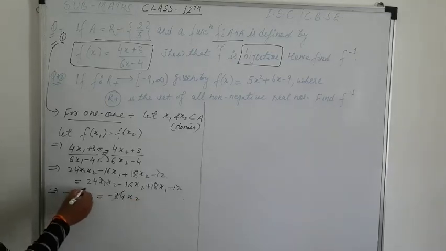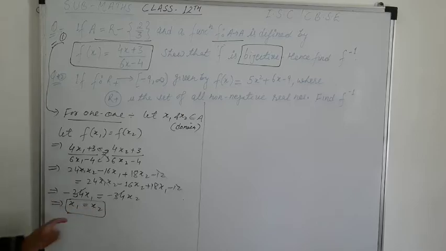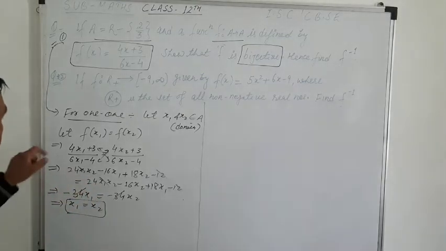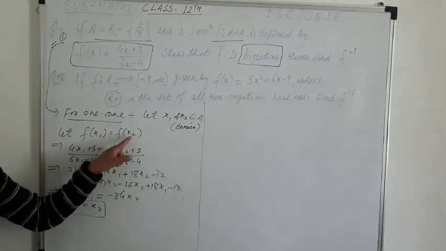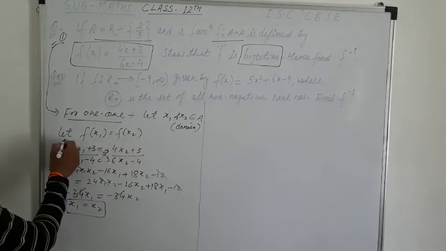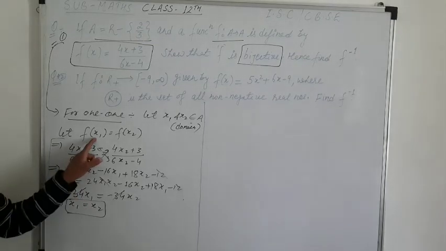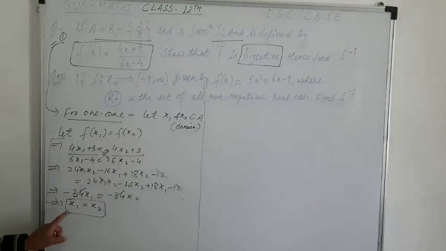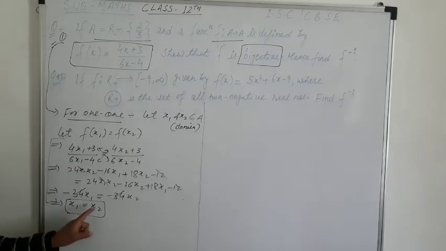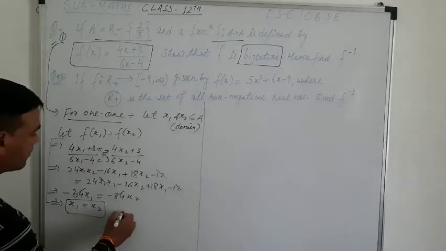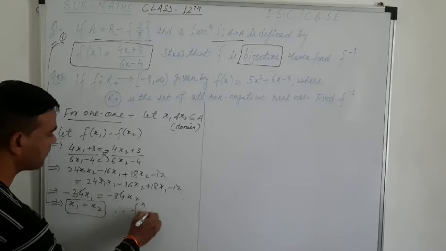Minus 34 will be cancelled out, so we will get x1 is equal to x2. Now from this we can easily say that if the image of x1 is equal to the image of x2, then the element is the same. It means if f(x1) is equal to f(x2), then we have proved x1 is equal to x2. Therefore, the given function is one-one.